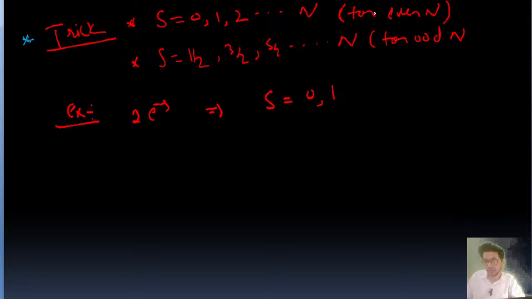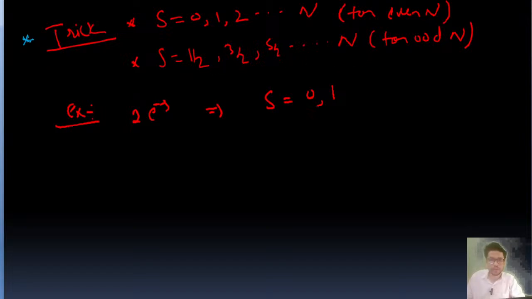You need to understand, for even electrons, if the number of electrons is 2, 4, 6, 8, then S values are going to be integers 0, 1, 2, 3, and so on. If the number of electrons is odd like 3, 5, 7, in that case S values are going to be 1 by 2, 3 by 2, 5 by 2, and so on.